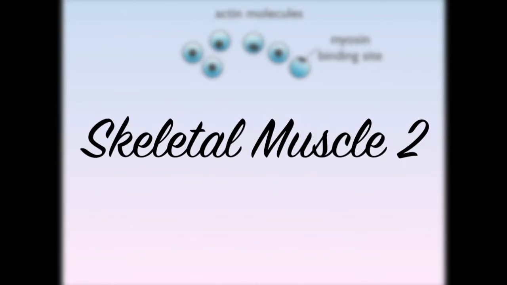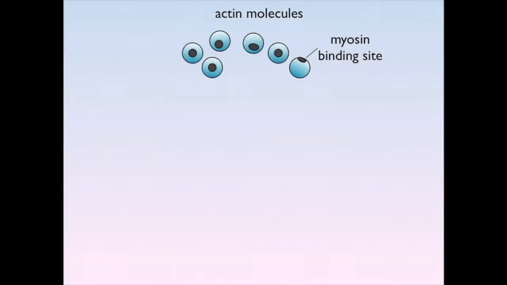Next, we consider the structure of the actin filaments and then turn to the more complex structure of the myosin filaments. Each actin filament is composed of many actin molecules, where each actin molecule is simply a round ball, much like a pearl.